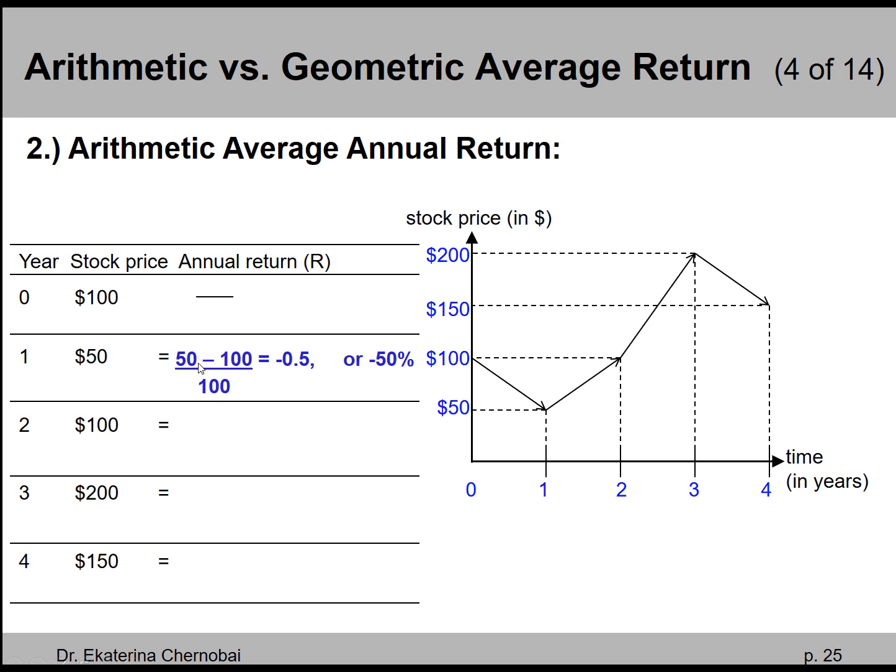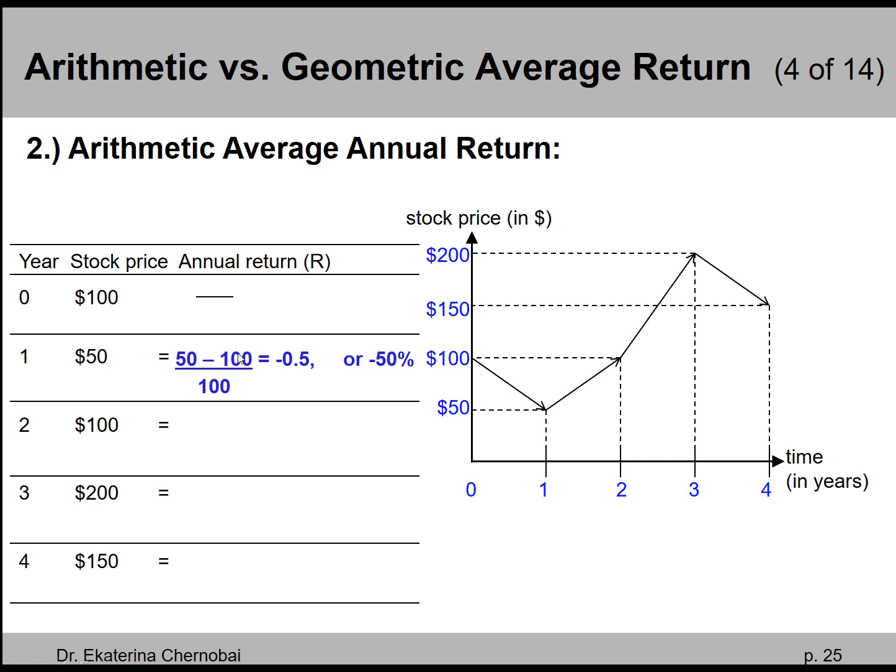You take the new price, $50 at the end of the year, subtract the old price, $100 at the beginning of the year, and then you divide that result by the old number, $100.